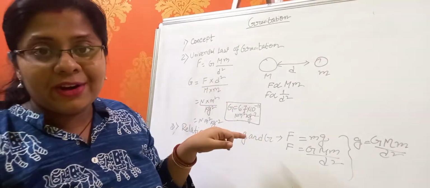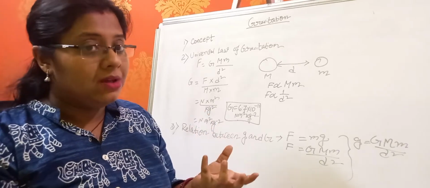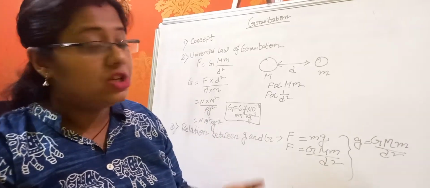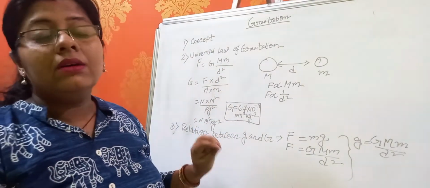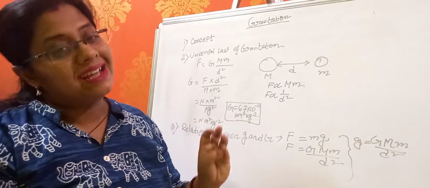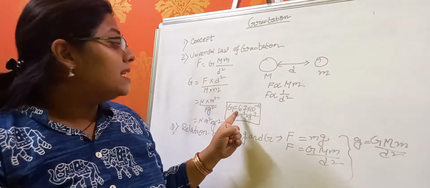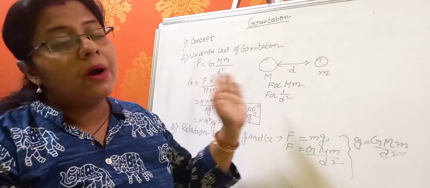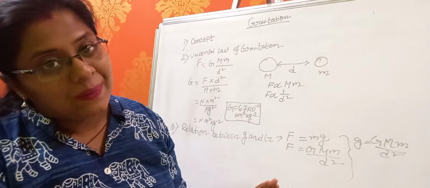Now the whole divided by capital M into small m, that means kg, the SI unit of mass, so it will be kg square. Now I am getting the unit: Newton meter square per kg square. What is the value of it? This is 6.7 into 10 to the power minus 11 Newton meter square per kg square.